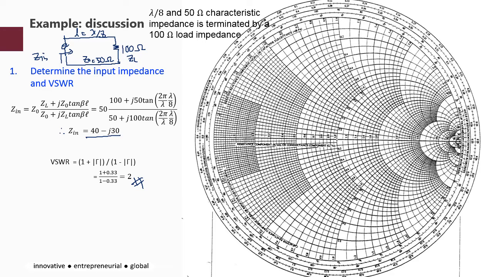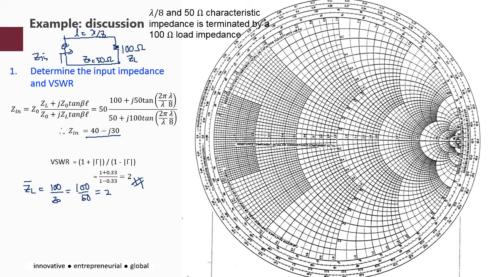But if the question asks you specifically to solve it using a Smith chart, then perform the first step. As usual, you need to find the normalized load impedance, equal to 100 divided by the characteristic impedance Z0, so 100 divided by 50, you get 2. Then plot the ZL on the chart.